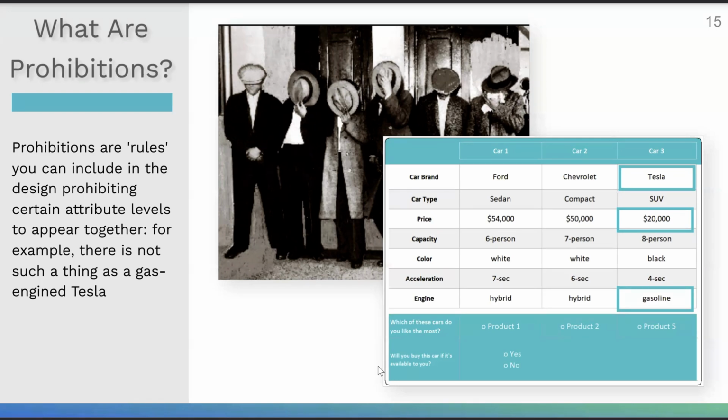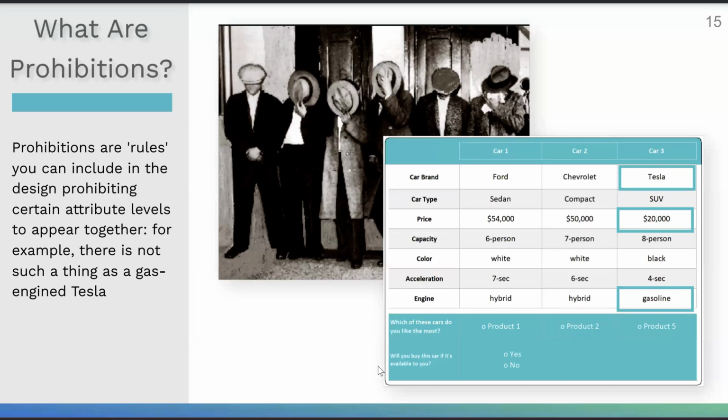If something absolutely does not exist, like a gasoline Tesla, set up a prohibition for that. But don't be too prohibitions happy, because that actually makes your model worse. The model has less chance of learning. So be very careful with setting prohibitions.